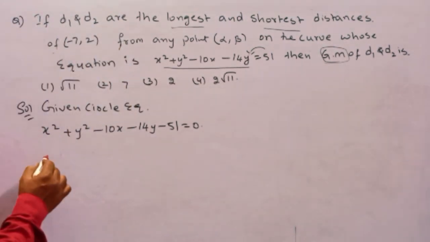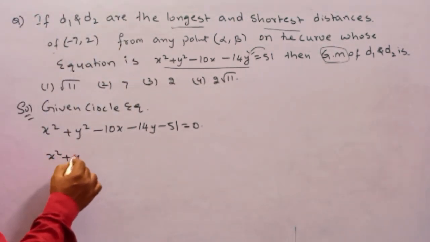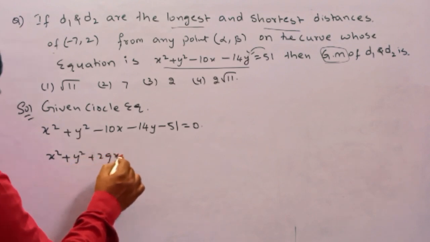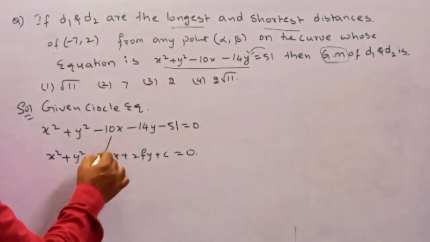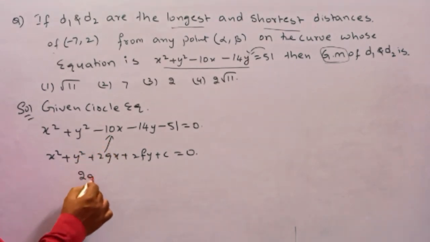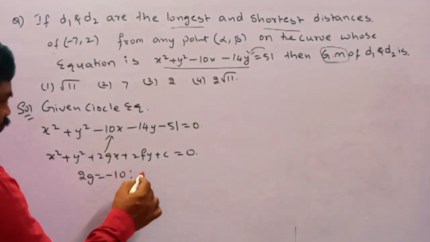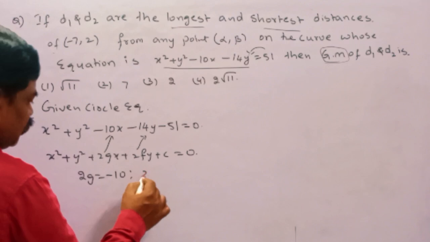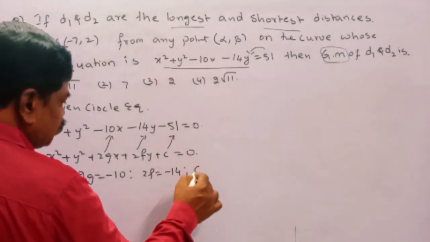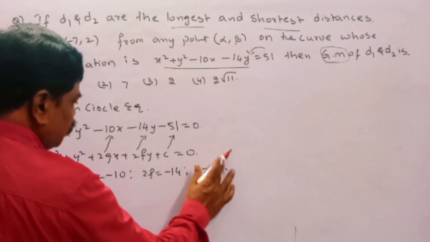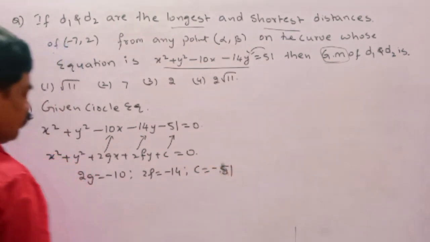You have to compare with x² + y² + 2gx + 2fy + c = 0. Comparing these, 2g = −10, 2f = −14, and c = −51.